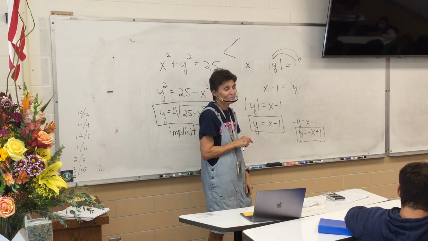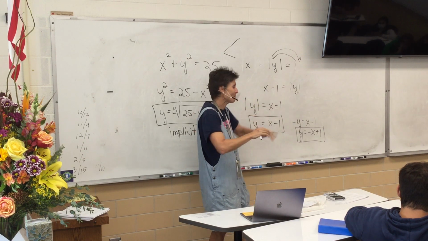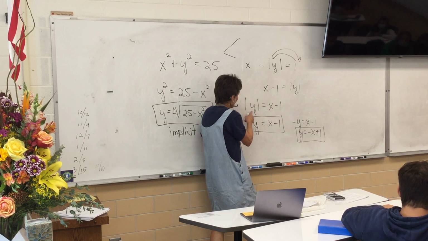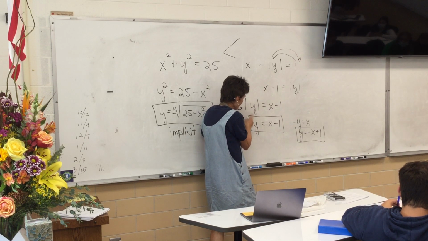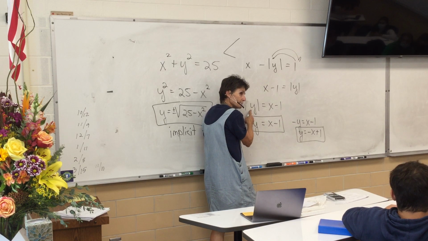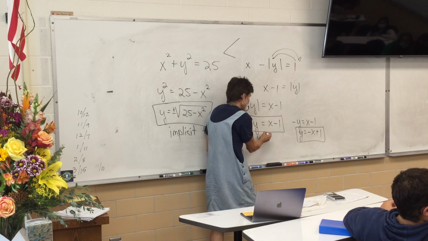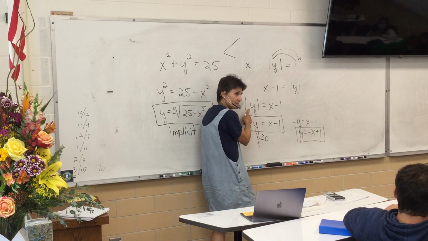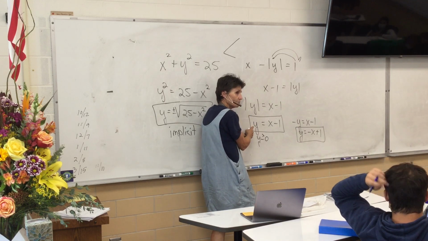Here's the part that you've got to remember. It always comes down to domain. When you went from here to here, Lane, when you said, okay, I'm just going to drop the absolute value, what assumption were you making about y? Positive. Because if you take the absolute value of a positive number, it's just itself.